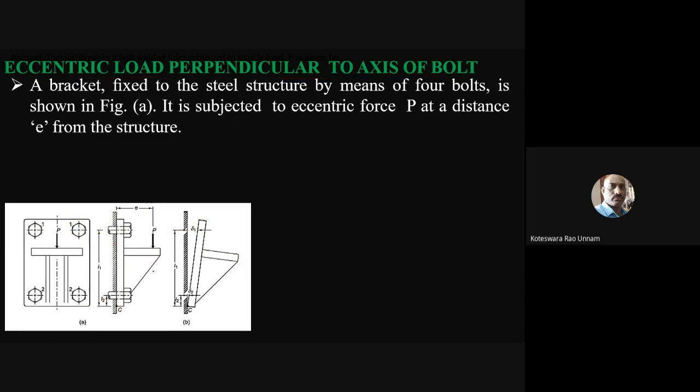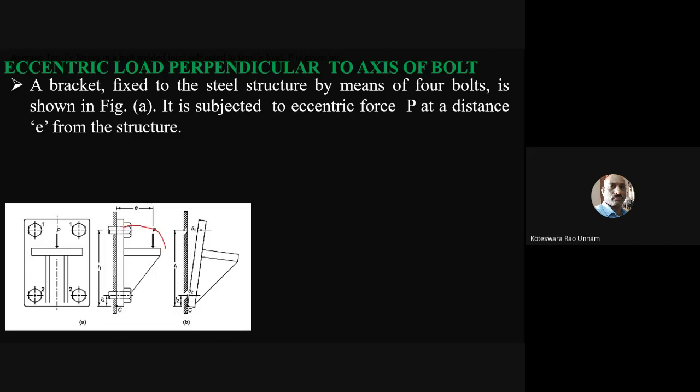Now you have to compute the magnitude of the shear stress and of the bending stress. Then using one of the static failure theories, either the maximum shear stress theory or the maximum principal stress theory, we compute the maximum principal stress or the maximum shear stress based on the given data.